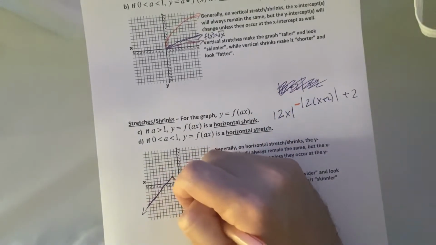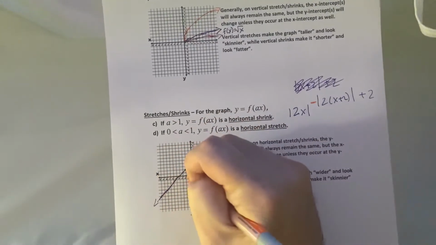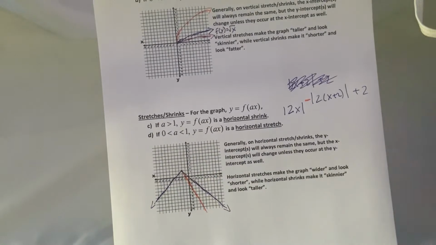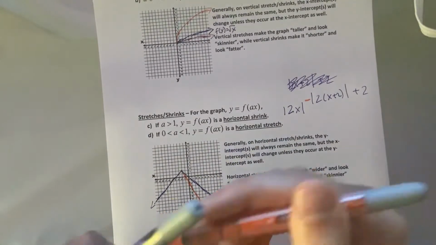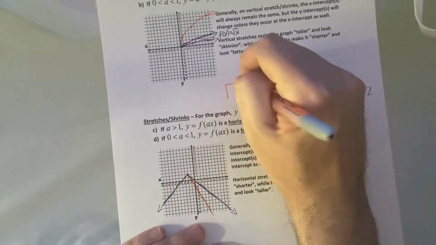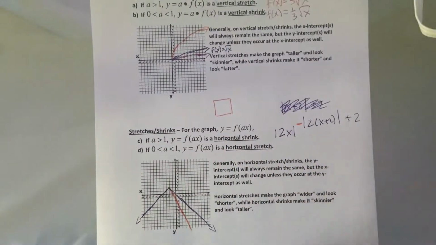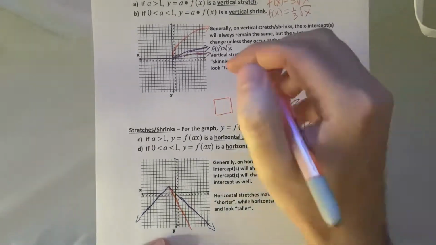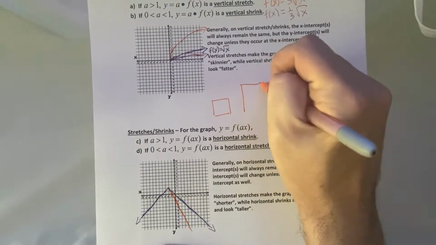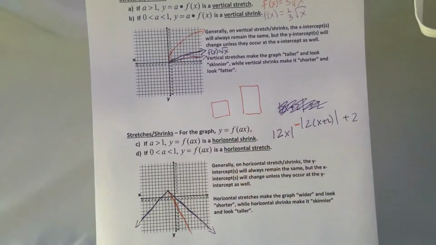So what happens here is, in the case of an absolute value, the horizontal shrink actually looks exactly like a vertical stretch, because visually, if you have a grid like this, let's talk about a square. If I double the height of a square, it becomes a rectangle.